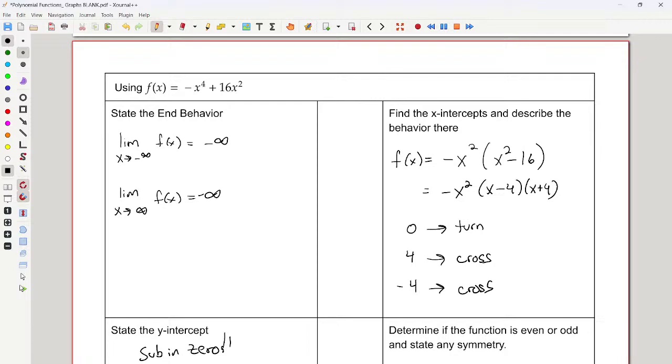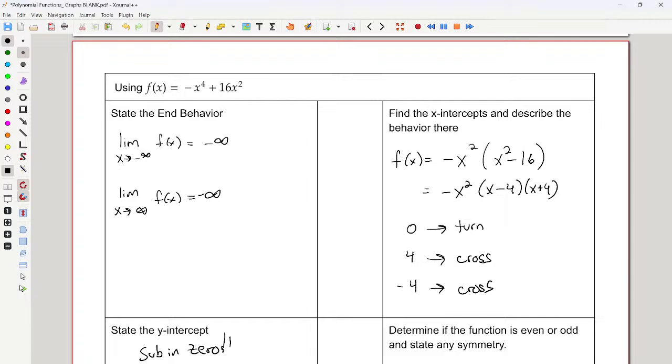So when we sub in 1, it outputs 15. How can I test if it's going to be even? What should I sub in? The other side of the axis, and it better output the same number. When I input -1, it's turning positive, so you're going to get -1 plus 16. So there's stronger evidence.